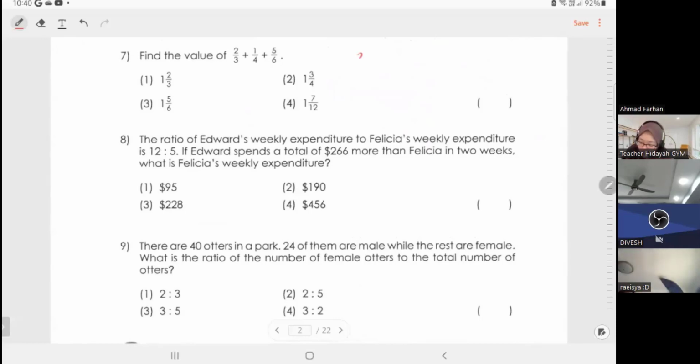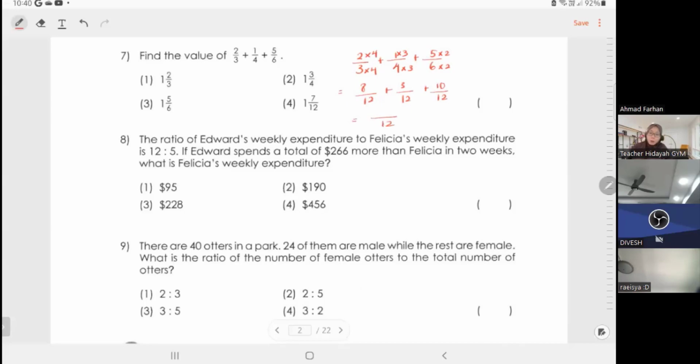Okay, 2 over 3 plus 1 over 4 plus 5 over 6 equals, times 4, times 3, times 2, times 2, times 3, times 4. 8 over 12 plus 3 over 12 plus 10 over 12 equals, then everything over 12 already, right?